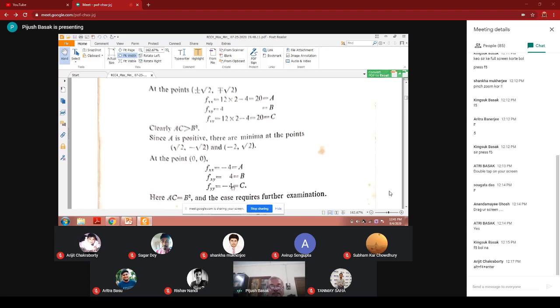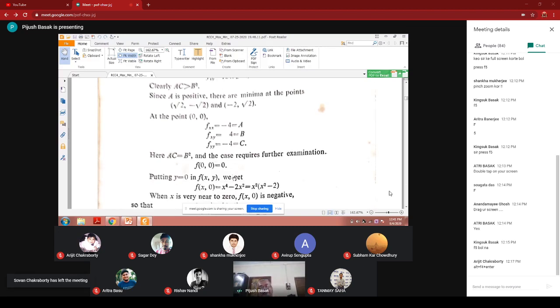That does not give any solution on whether maximum or minimum is there. So two stationary points can be obtained, root 2 minus root 2 and minus root 2 root 2, and 0, 0 will not give you anything. But if you put y is equal to 0 in 0, 0, it is this.